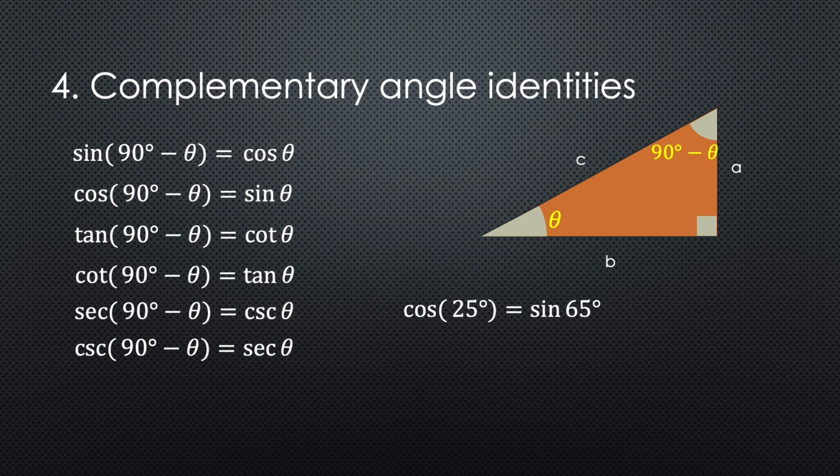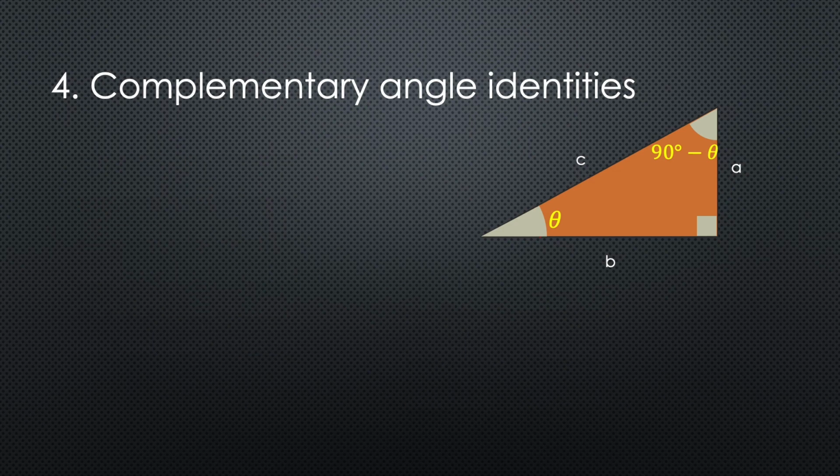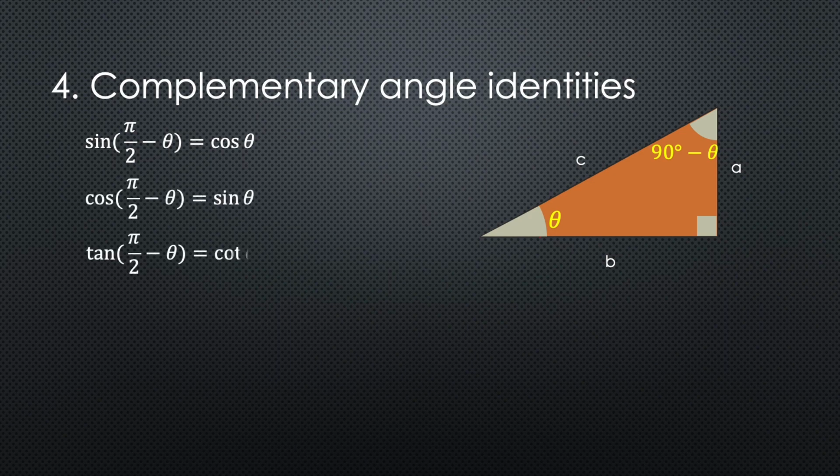These are some examples. If we use radian instead of degree, we can use pi over 2 for 90 degrees. These are the same complementary angle identities with radians.